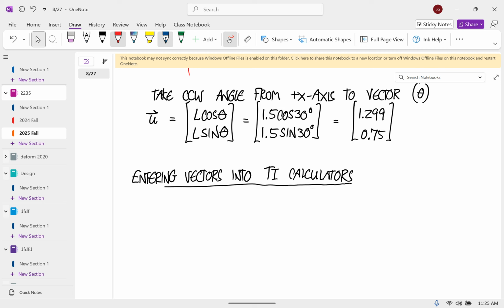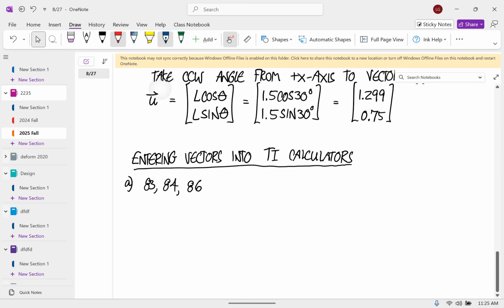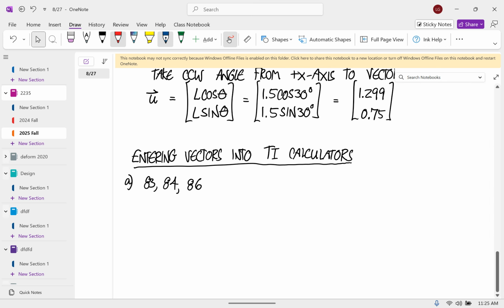So if you have a TI-83 or an 84 or an 86, the way that you enter vectors is you get into the matrix environment and you go to edit and you choose your dimensions.